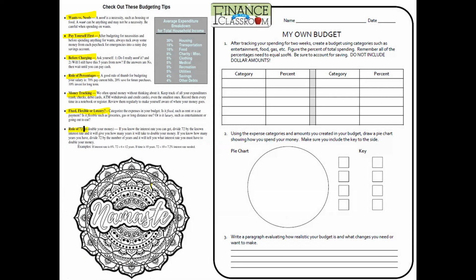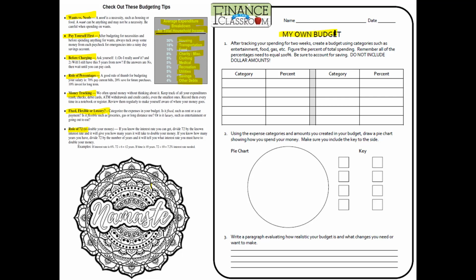Make sure you read that. Then here's the average expenditure breakdown for total household income: housing, transportation, food, charity or miscellaneous, clothing, medical, recreation, utilities, savings, and other debt. Everything adds up to 100%, but this is how it's broken down on average.